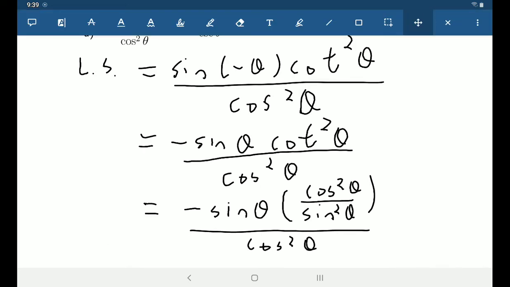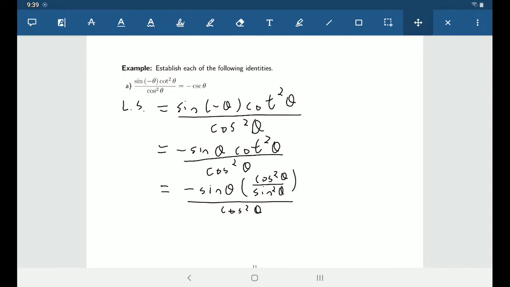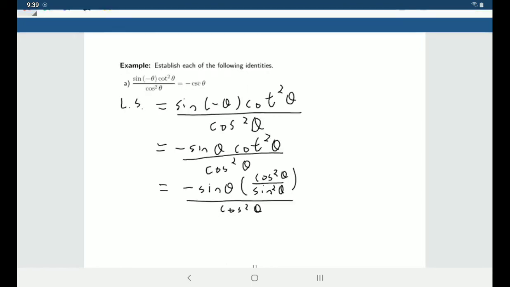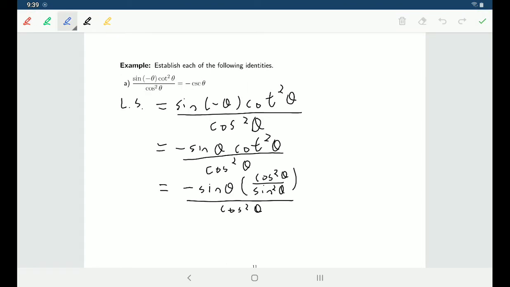It's always good to take a pause and look back at where you started and where you're planning to get to. And so where I'm planning to get to, I'm trying to show that this is equal to the right-hand side. I'm trying to get to negative cosecant theta. And you'll notice there's no denominator there. And right now I've got something that has a denominator. So I guess my plan is, and in fact, it's a complex fraction because there's a fraction inside of a fraction, I'm going to start to simplify things a little bit.